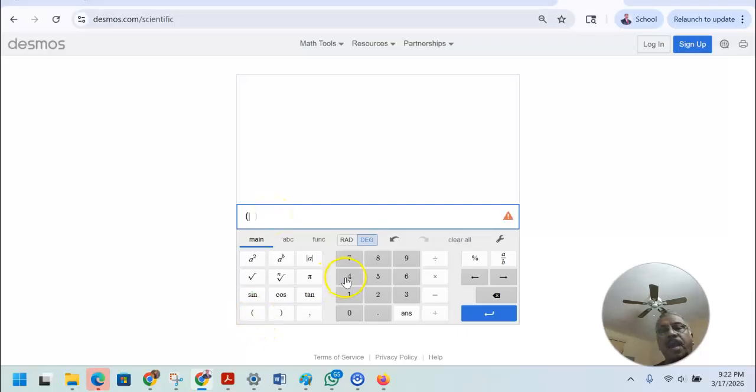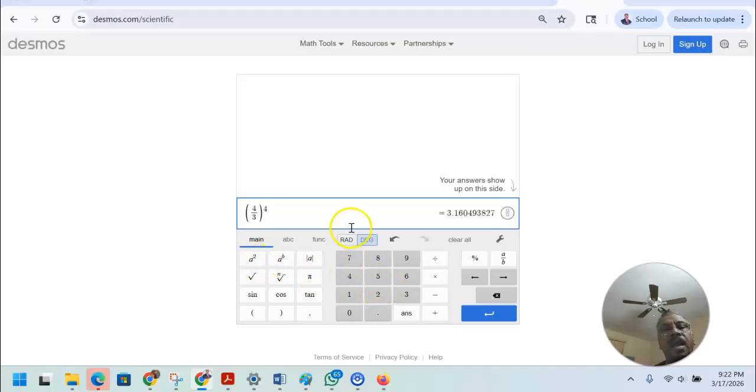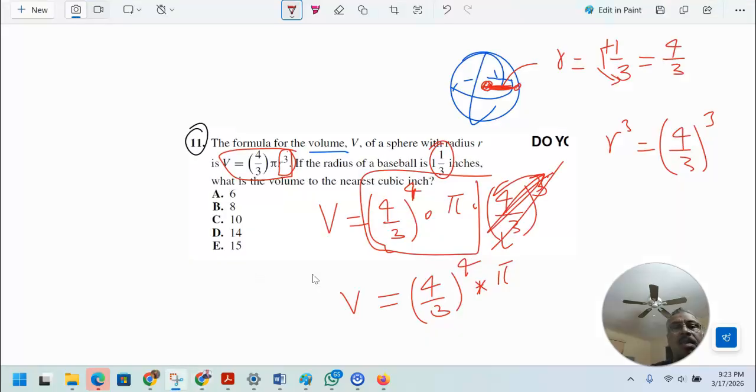So it is 4 divided by 3, close the bracket, and then go to the exponent, and put a 4 because the exponent is 4. Then multiply by pi. Where is pi? Here it is, right here. So you get 9.928.